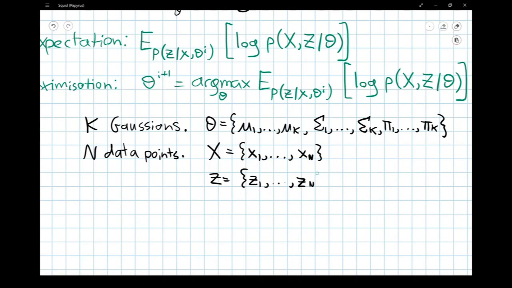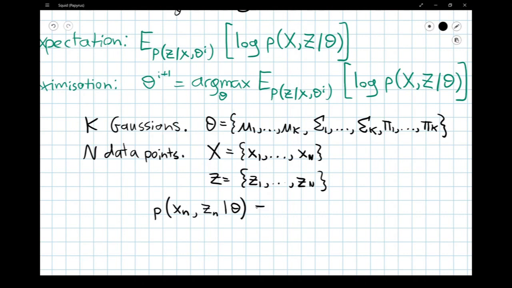So now the first thing we're going to do is this expectation step. So we're going to begin by trying to write down the probability of x and z given theta. And in fact, we'll start slightly simpler and we'll try and work out what is the probability of x n, so just one of these, and z n given theta.